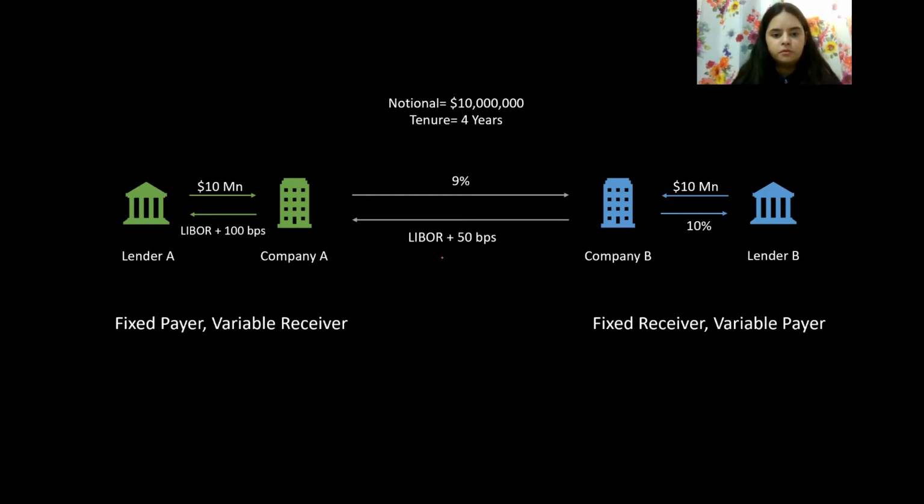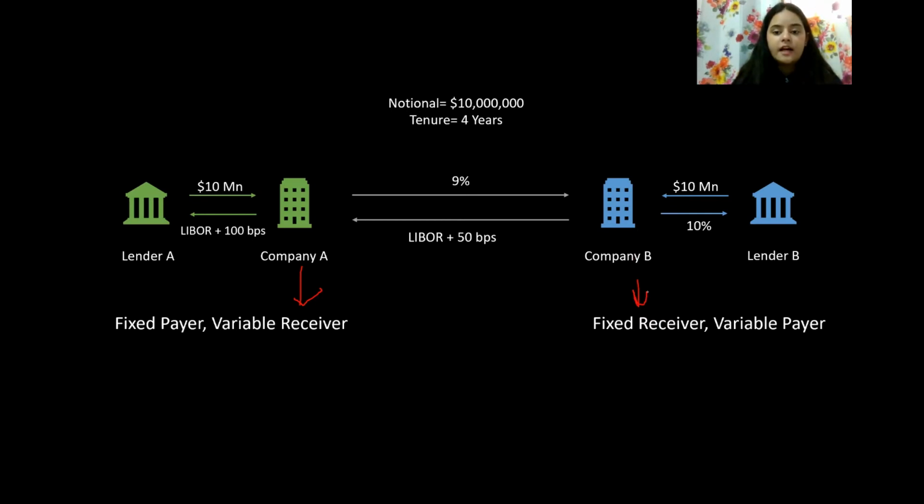Got it? Cool. So company A has become the fixed payer and variable receiver. And company B has become fixed receiver and variable payer.